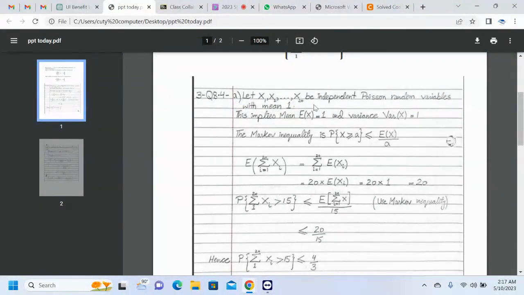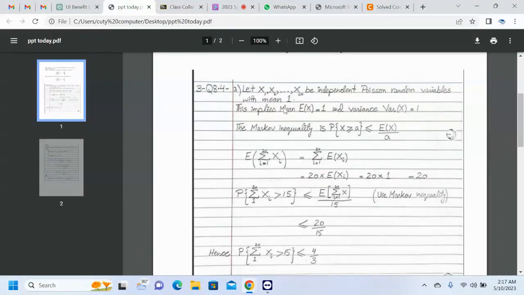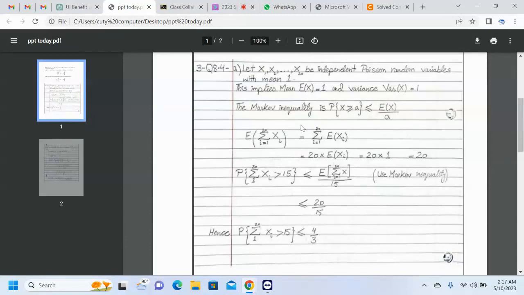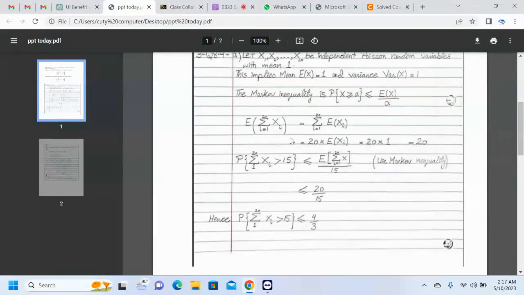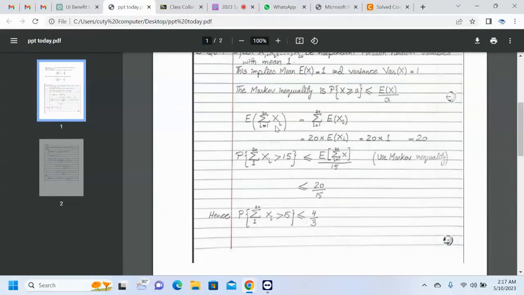So for part A, x1 to x20 are independent Poisson random variables with mean 1. This implies the mean E[x] is equal to 1 and the variance of x is equal to 1. The Markov inequality is the probability that x is greater than or equal to a is less than or equal to E[x] over a. So E of the summation of xi from 1 to 20 is equal to the summation of E[xi], which is 20 multiplied by 1, equal to 20.